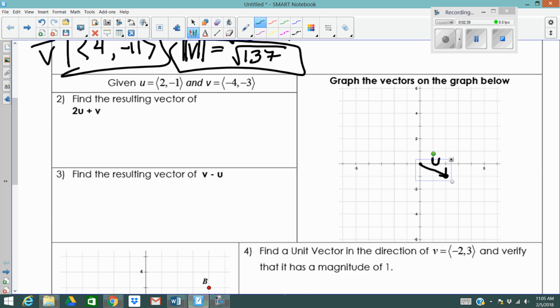I'm going to multiply vector u by 2, meaning the magnitude of that vector has doubled. So my horizontal component of 2 now becomes 4, and my vertical component of -1 now becomes -2. So my vector 2u looks like that.